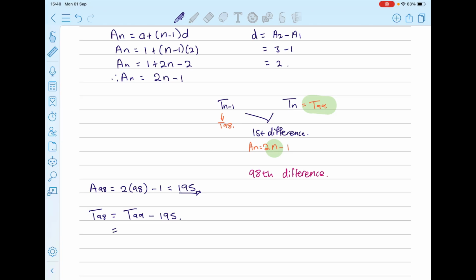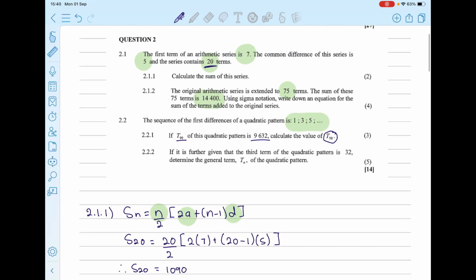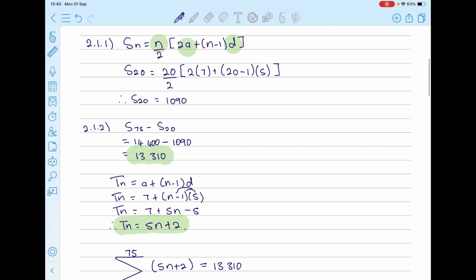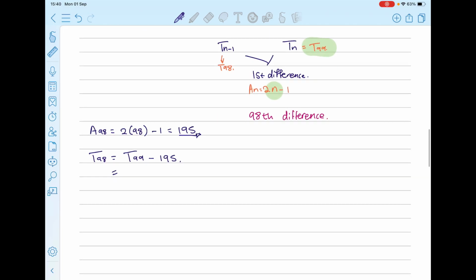And T99, we were told, is 9,632, and minus 195. So therefore, T98 will be 9,437. And that's our final solution.